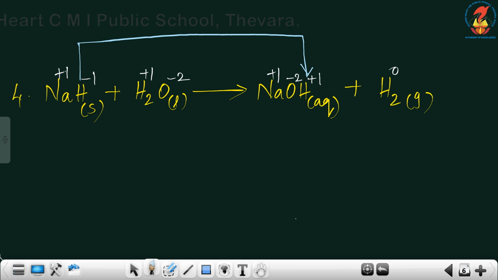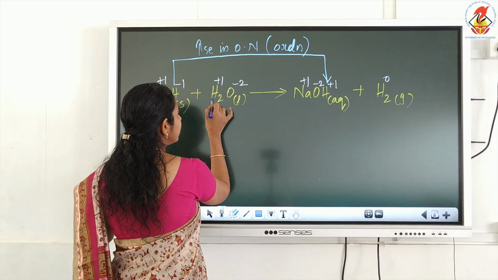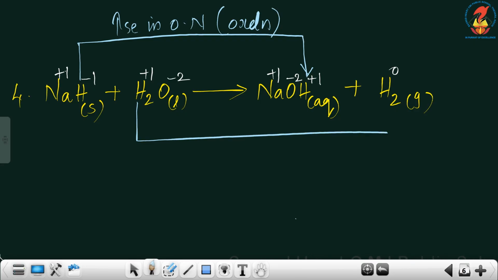There is a change from -1 to +1. -1 to +1 means yes, an increase in oxidation number representing oxidation. So the hydrogen which is in the -1 oxidation state is undergoing oxidation.